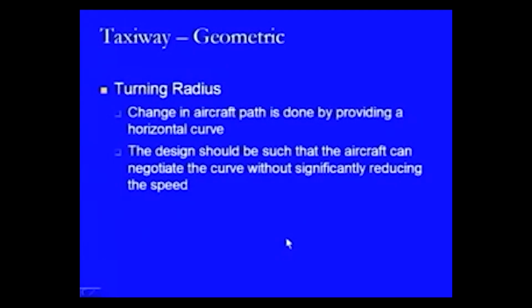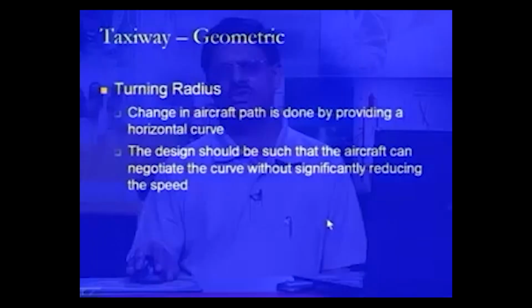Because at the time of the change from the runway to the taxiway through the connectivity, that is the circular curve being provided, at that point of time there should not be much change in the speed. Whatever is the speed with which the aircraft is coming, it should be able to negotiate.